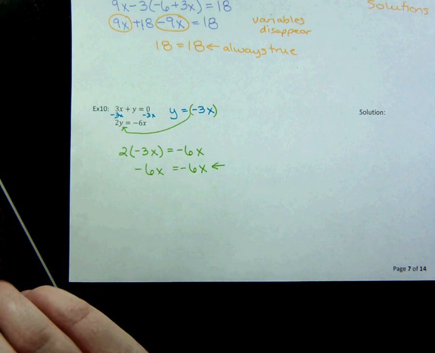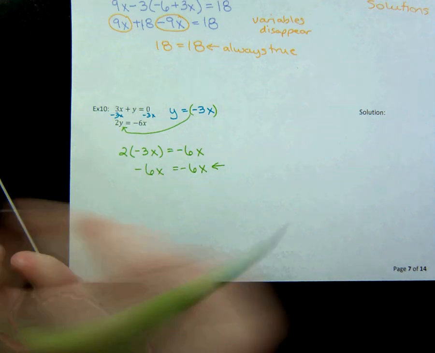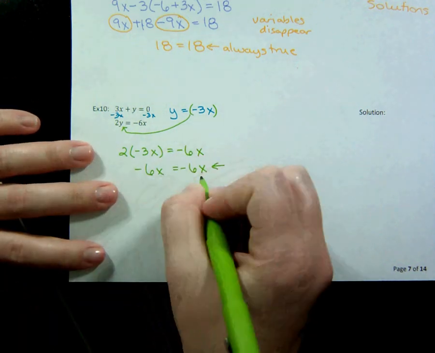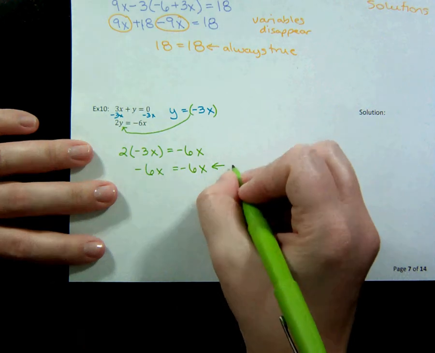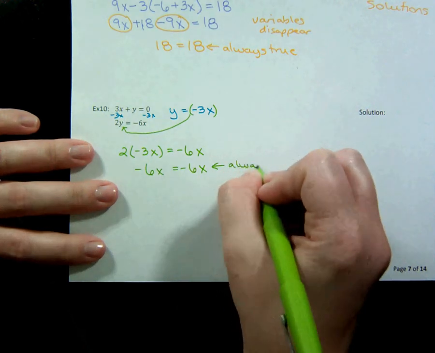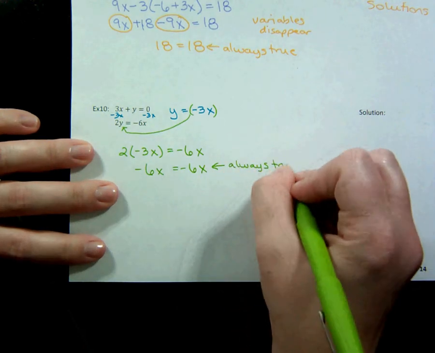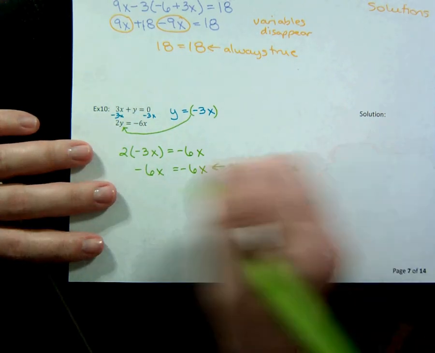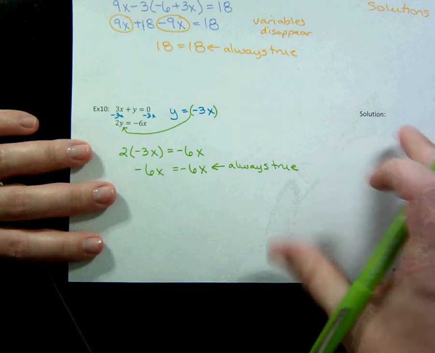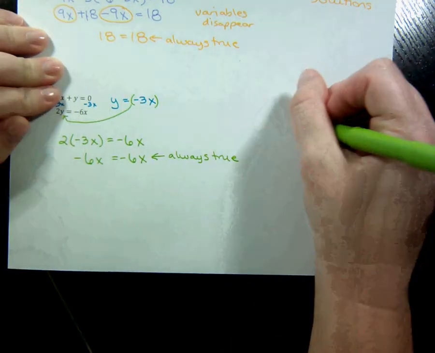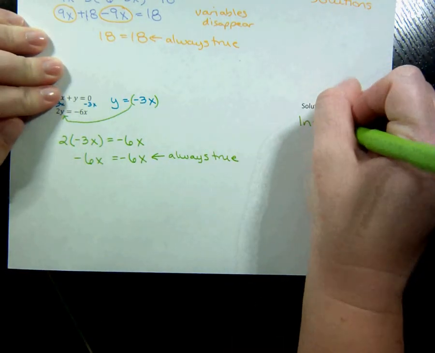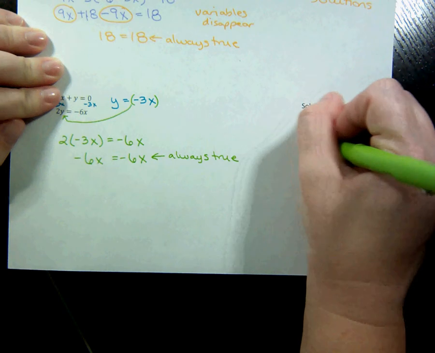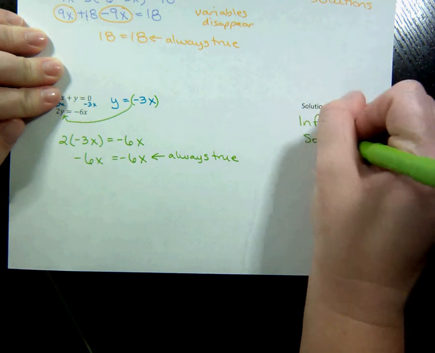Here the variables don't disappear, but you still see the same thing on both sides. So no matter what x value I pick, that's always going to be true. So the variables might not necessarily disappear on these, but you get down to something that's always true. If it's always true, you have infinite solutions.